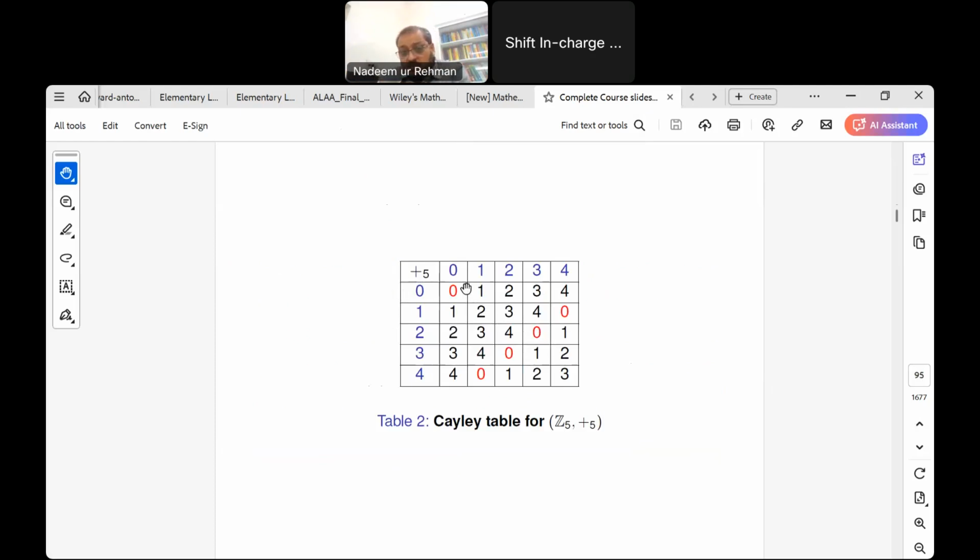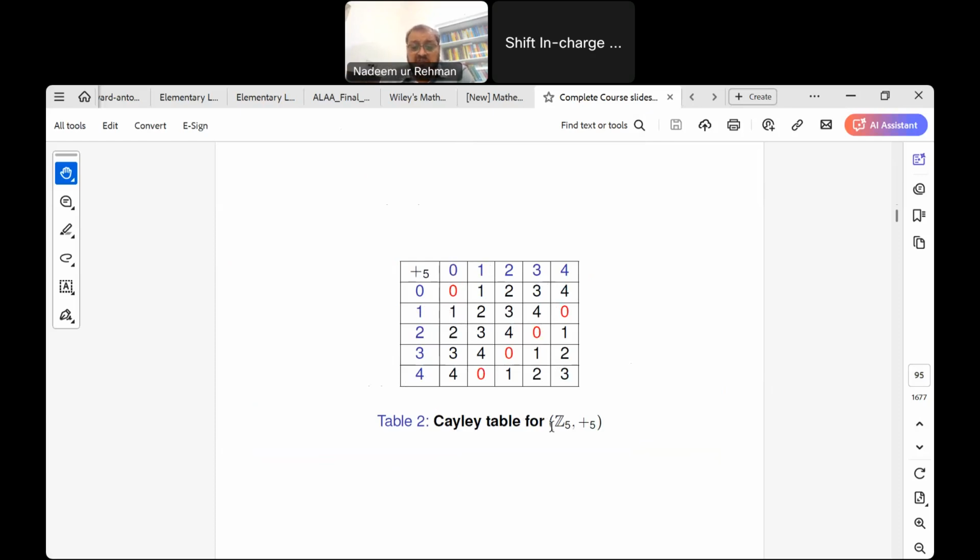This is clearly a group, and all the elements of this table are elements of this set G. In each row and each column there is exactly one identity, 0. 0 is the inverse of itself, 1 is the inverse of 4, 2 is the inverse of 3, 3 of 2, and 4 of 1. So 2 and 3 are inverses of each other, and 1 and 4 are inverses of each other.